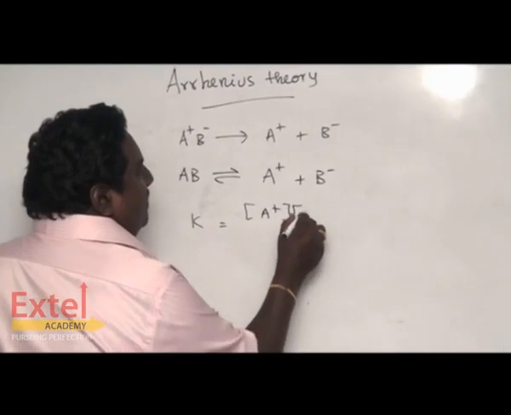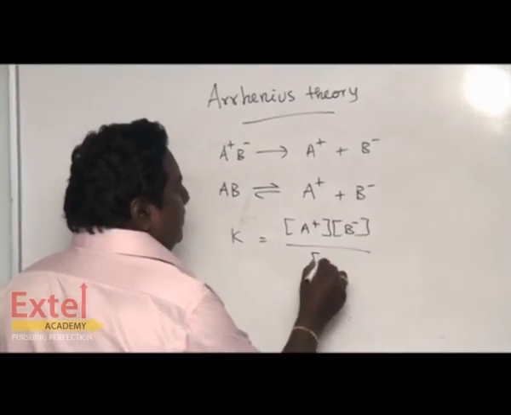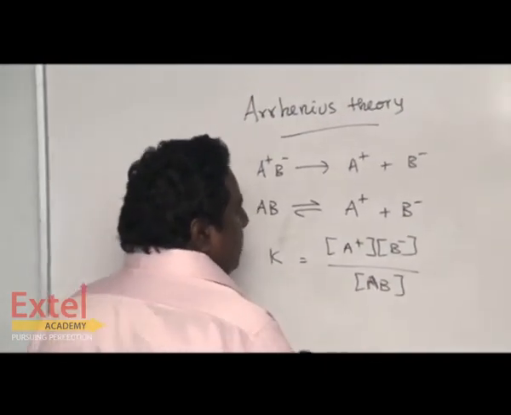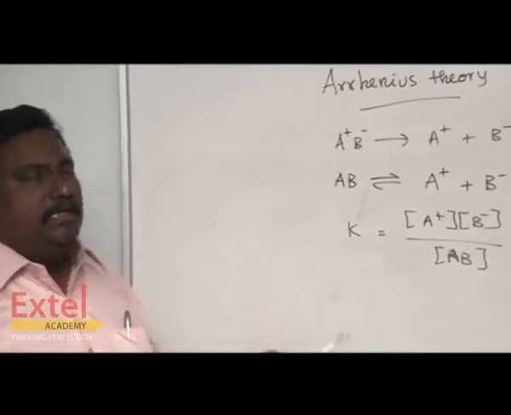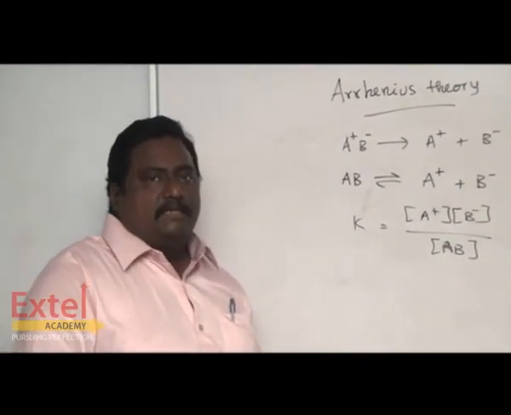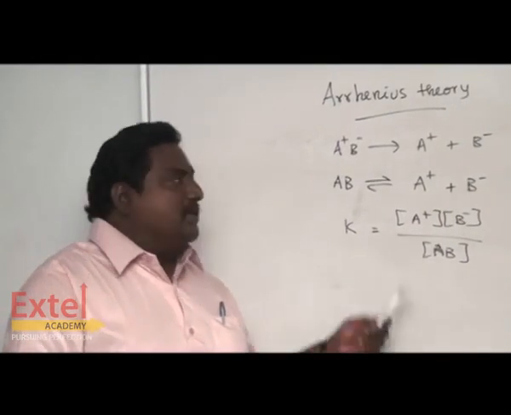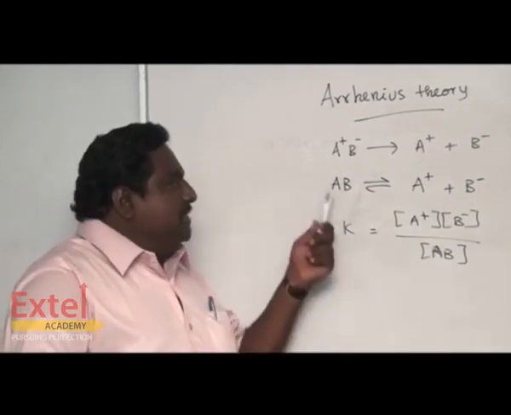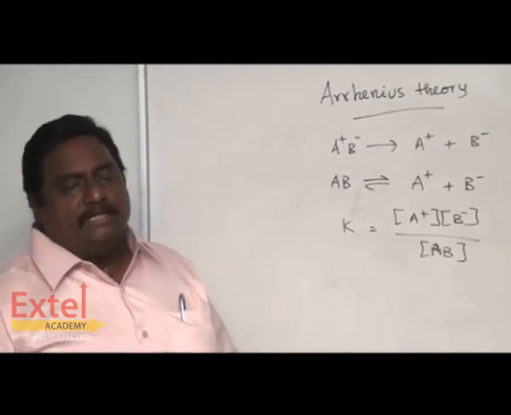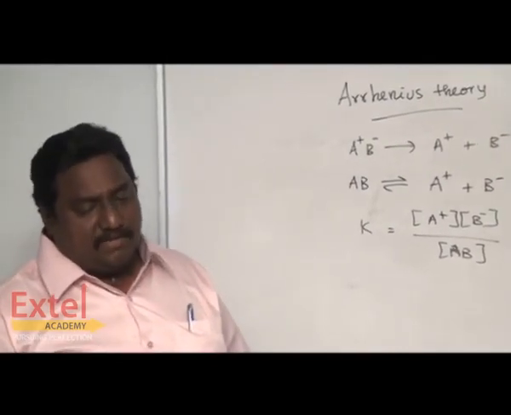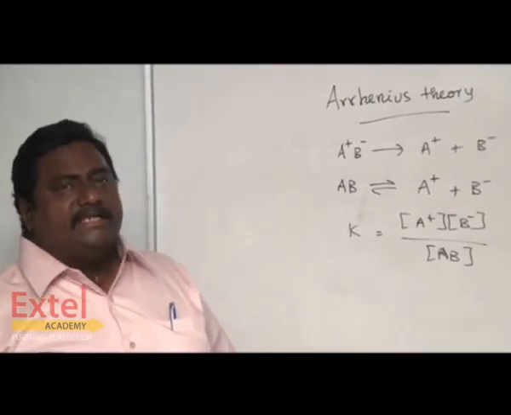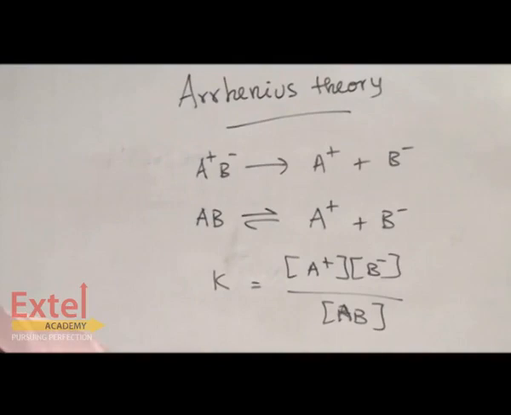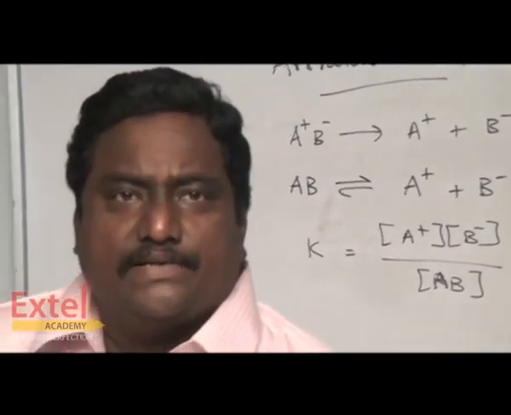As you write the equilibrium constant, the concentration of product is written in the numerator and the concentration of reactant in the denominator, which is called the dissociation constant. Arrhenius claimed that K is constant for all the electrolytes.